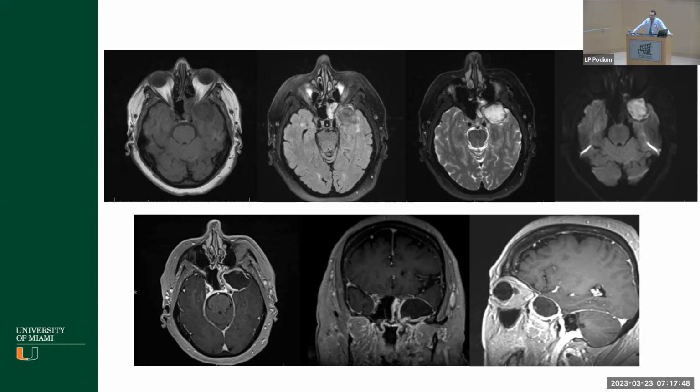Yeah, so you see a rim-enhancing lesion in the left anterior temporal lobe. Looking at the diffusion, it seems to be restricting. So epidermoid would be high on my differential for this lesion.